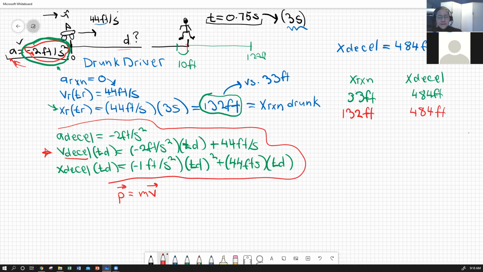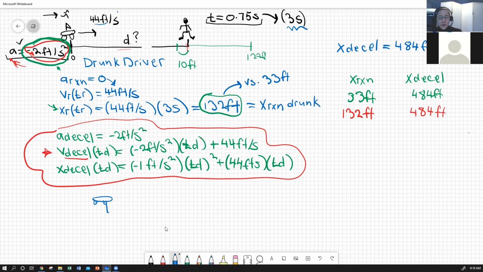Because this is a completely different part of the problem. It has to do with the way that I chose to set it up. So basically, I took the car. I mean, you could set it up differently.